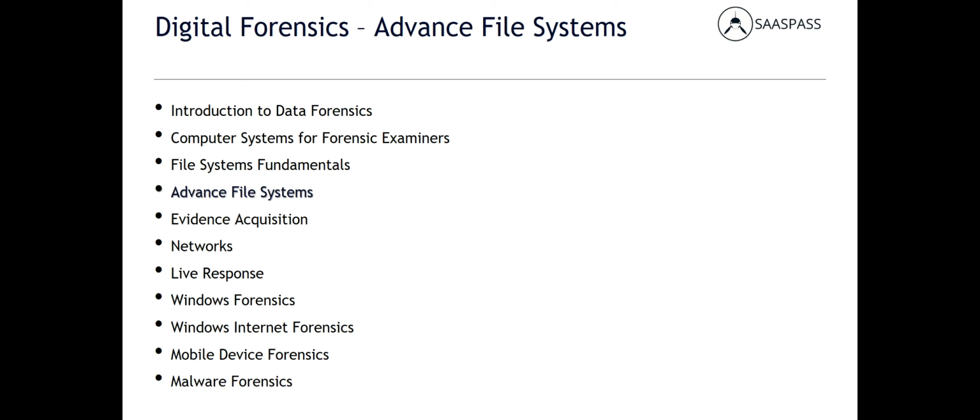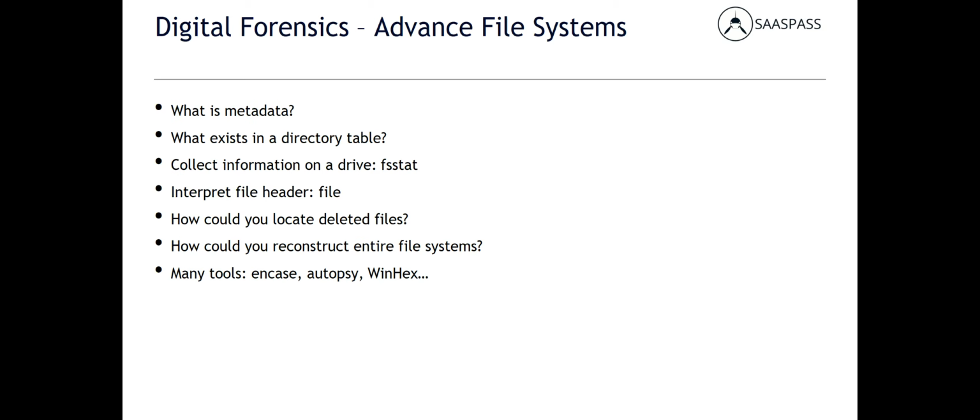What we will cover in this lecture is the metadata, details of a directory table, not specific to any file system, but a generic idea of how it is located and how it is constructed. We will mention some tools that you can use in a Linux system.